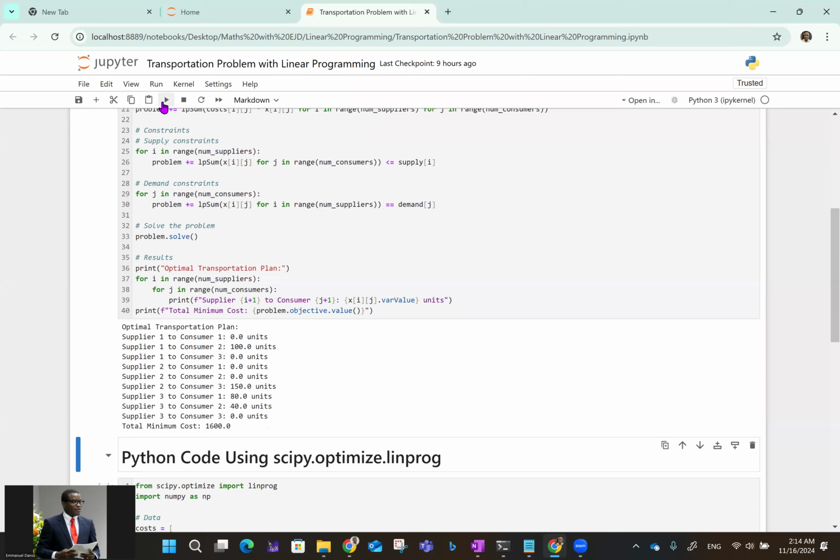So here we find that x11 is 0, x12 is 100, x13 is also 0, x21 is 0, x22 is 0, x23 is 150, then x31 is 80, x32 is 40, and x33 is 0.